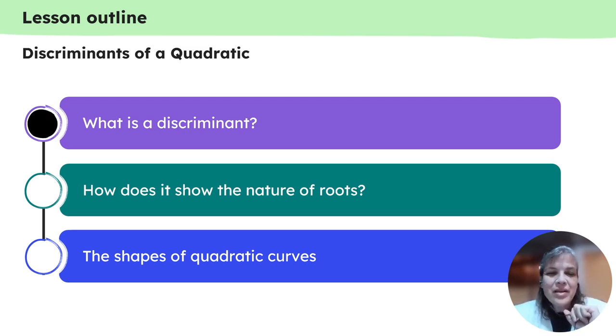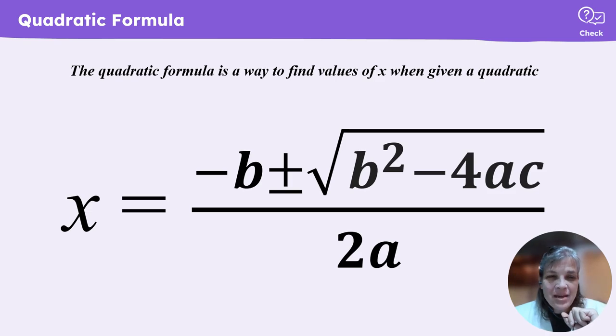So first of all, a discriminant, as we've said, is a portion of this formula. We remember this formula as one way to solve a quadratic equation. And we've sung about it. Opposite of b plus or minus the square root of b squared minus 4ac, divided by 2a. Hopefully you remember that little song.